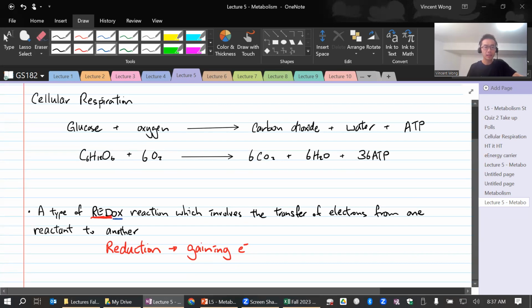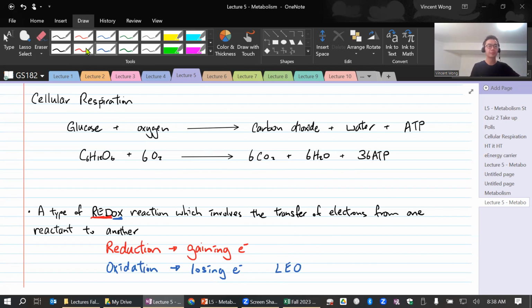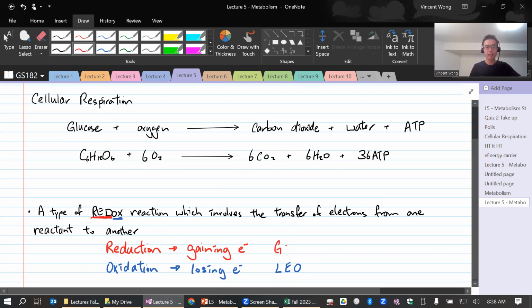On the other hand, if something is oxidized, oxidation, that means it is losing electrons. Okay. So loss of electrons is oxidation. You can remember LEO. Gaining electrons is reduction. You can remember GER. All right.